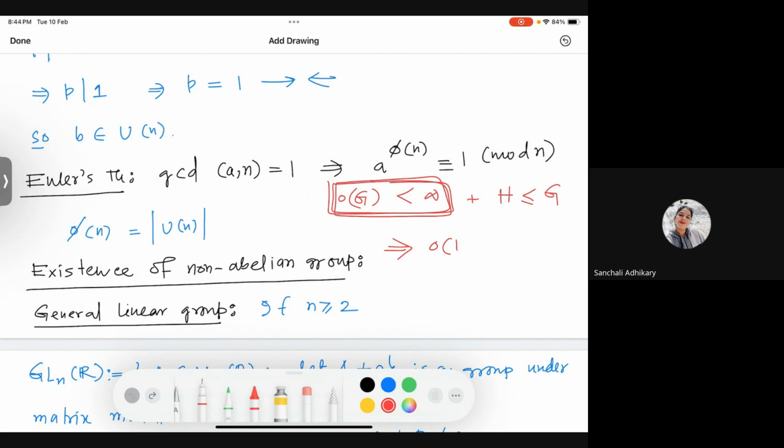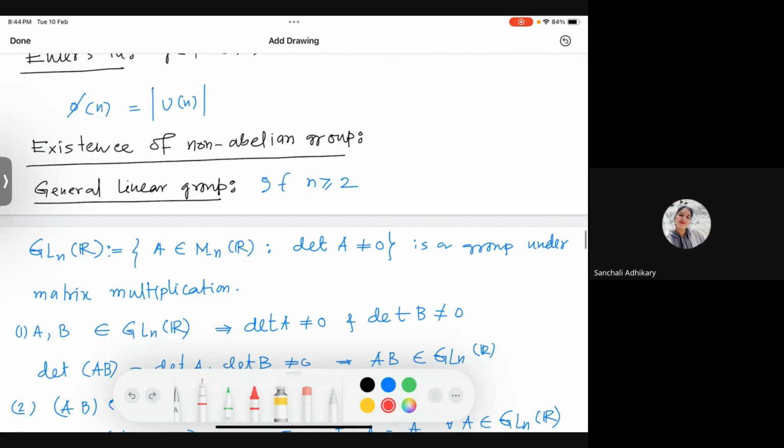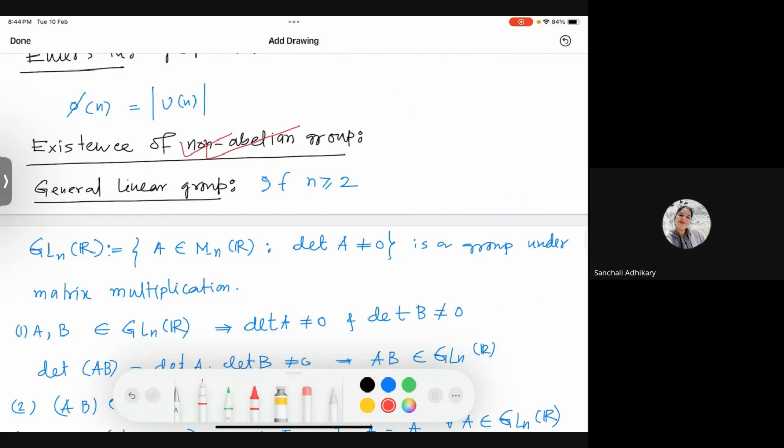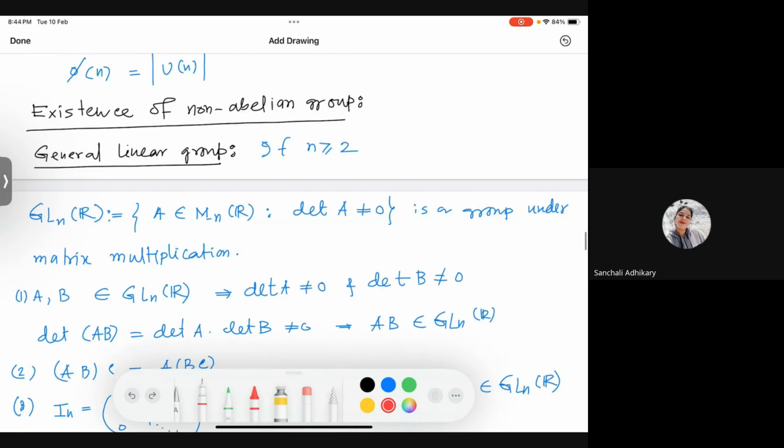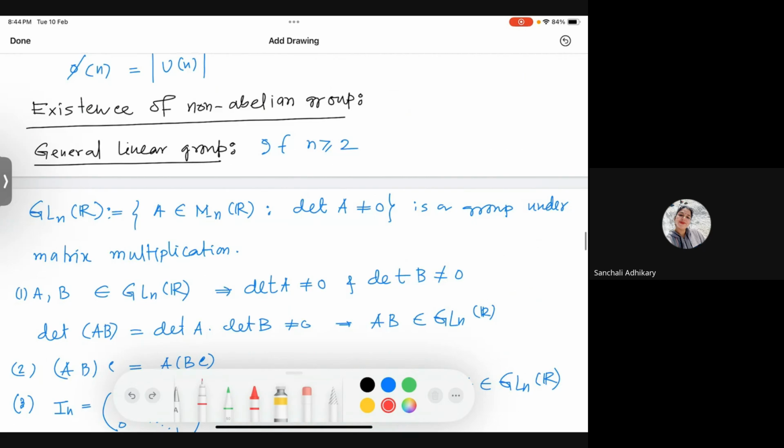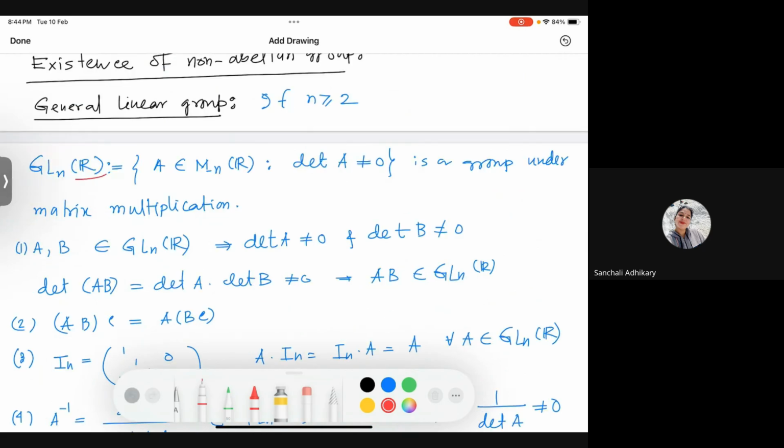So till now we have lots of examples of abelian groups. Now this is the first example of a non-abelian group: GLn(F) or GLn(R). What is GLn(R)? GLn(R) is the collection of those matrices from Mn over R whose determinant is not equal to 0.